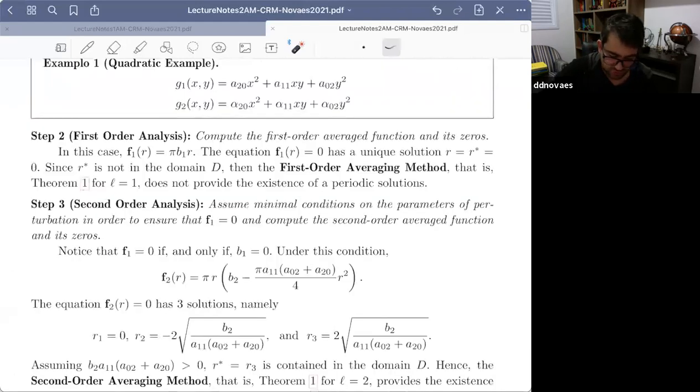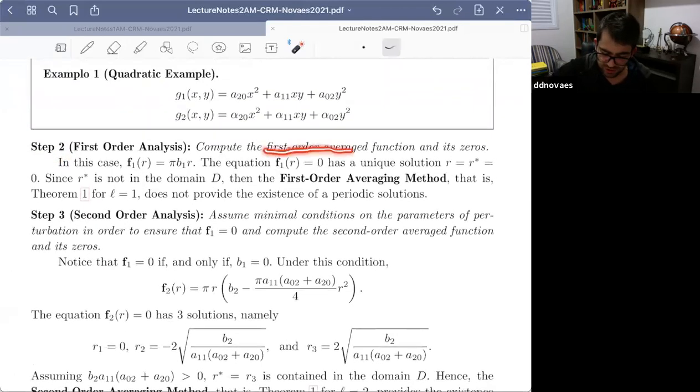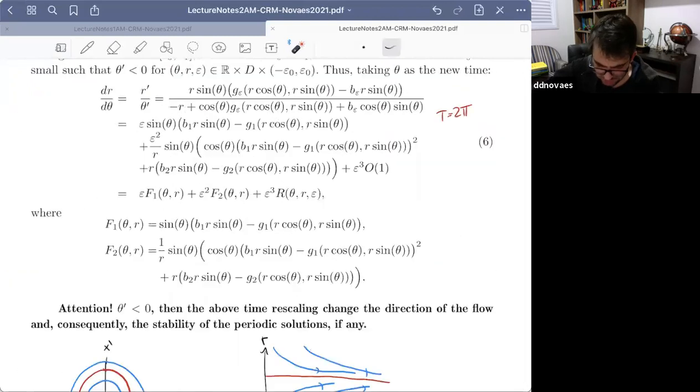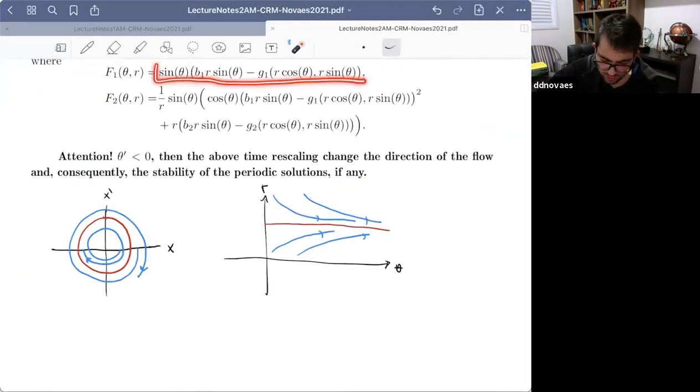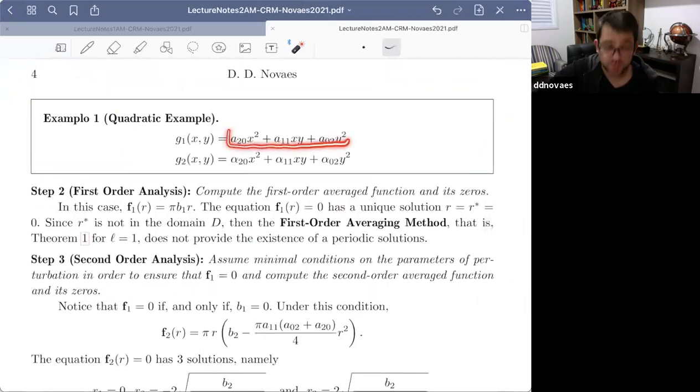So step 2: compute the first order average function and its zeros, if any. In this case, when I substitute F1, I compute the integral of this function for G1 equal to this quadratic polynomial, we obtain that f1 is equal to pi times B1 times R. So this equation, f1 equals 0, has a unique solution, R equals 0.